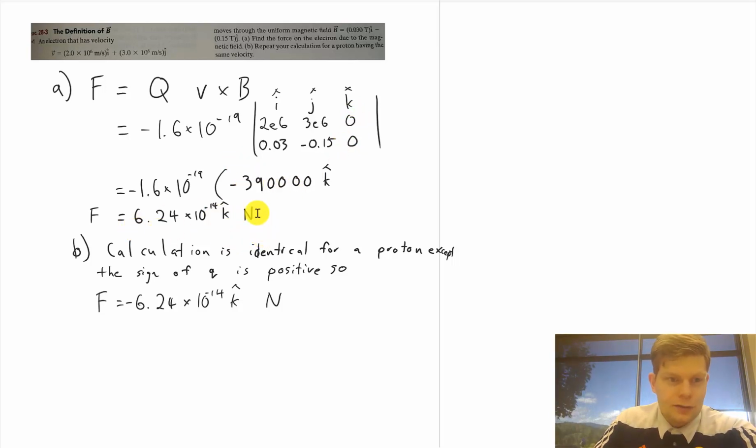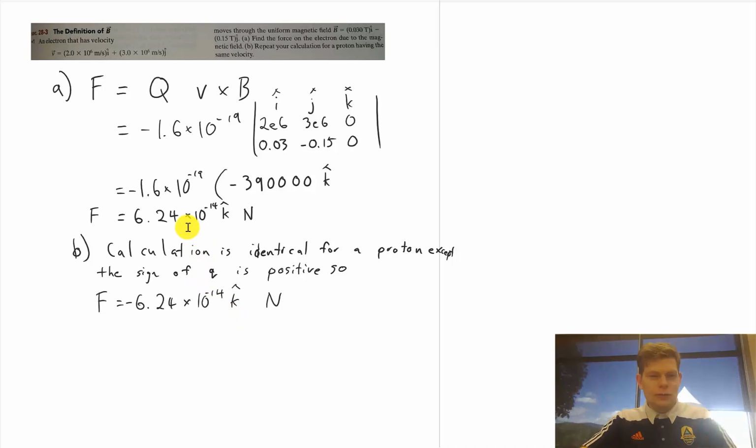Anyway, do that, you get your answer. Not too bad, and it's exactly the same for a proton, except instead of -1.6 times 10 to -19 for q, you've got 1.6 times 10 to -19. So it's exactly the same, but now it's going in the negative z direction. That's about it for that guy.